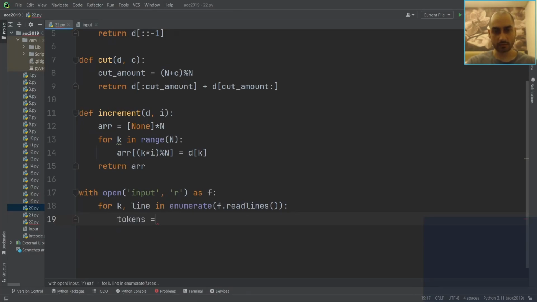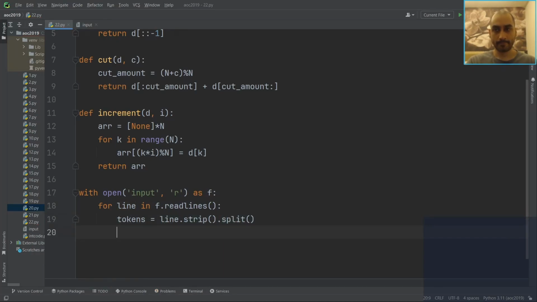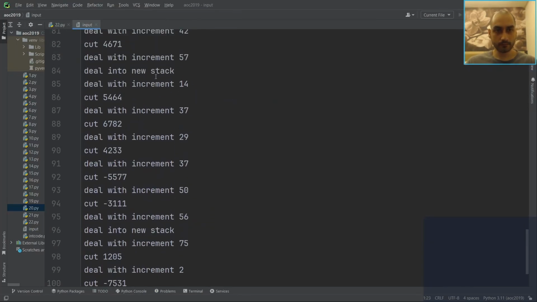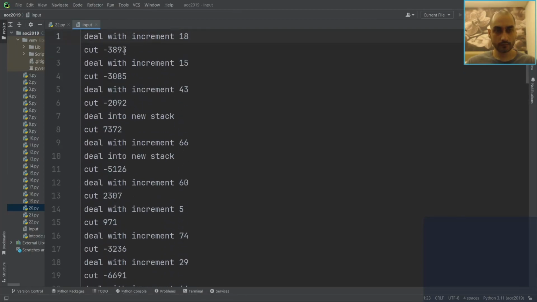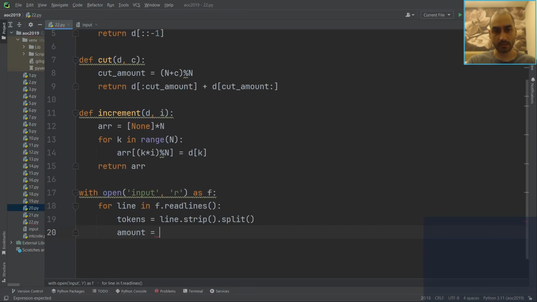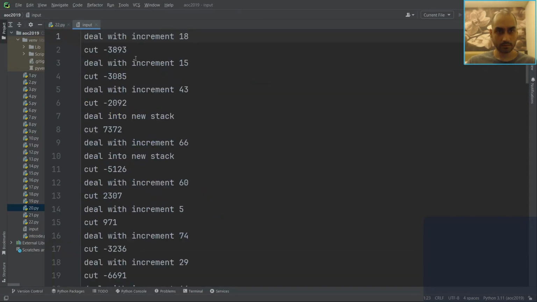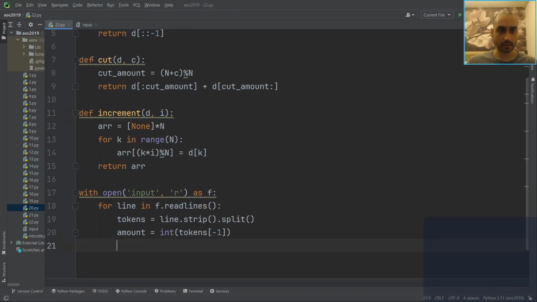So tokens equals... so the amount will be the last token, regardless of what we're doing. Unless it's new stack. Oh no, wait. Okay, hang on. No.